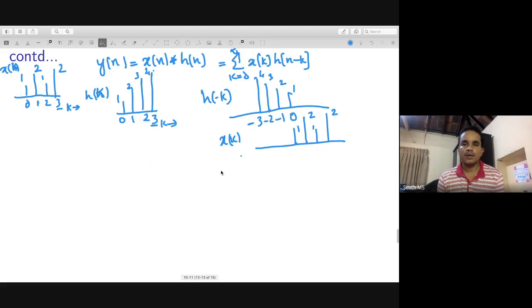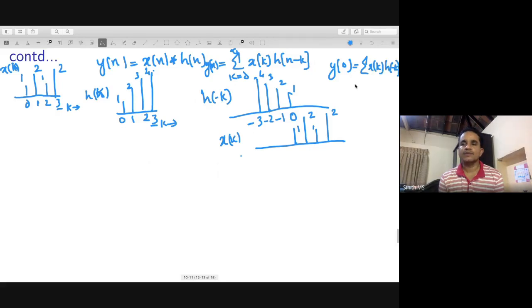So now you have the equation y equal to sigma x[k] h[n minus k]. Let us try to find y[0]. How will you find y[0]? Substitute n equal to 0, this becomes sigma x[k] into h[minus k].